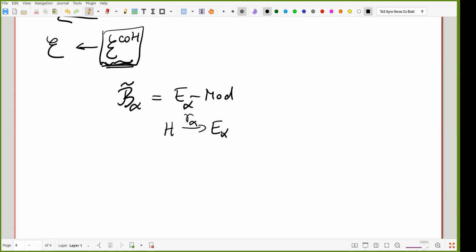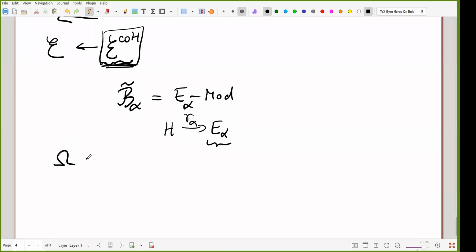I have such a map, and I have a gluing data. But because gluing data are now defined completely in terms of algebras, I don't need to work with the comonad anymore.